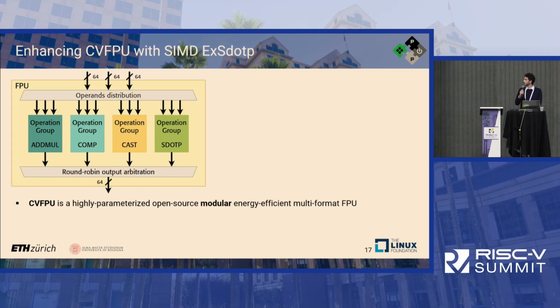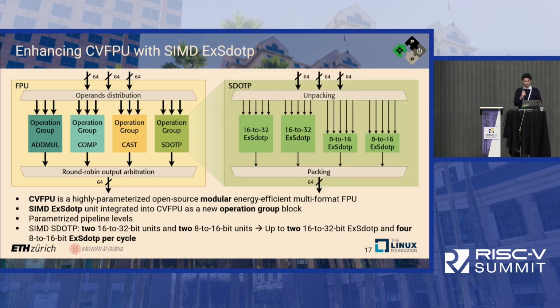Since we have an FPU that supports double precision, it has 64-bit inputs, and we are targeting low precision in training, we can actually have more units in parallel and arrange them in a SIMD unit. So we have two 16-to-32-bit ExSdotp units and two 8-to-16-bit ExSdotp units, and we reuse the larger precision unit for lower precision computations.